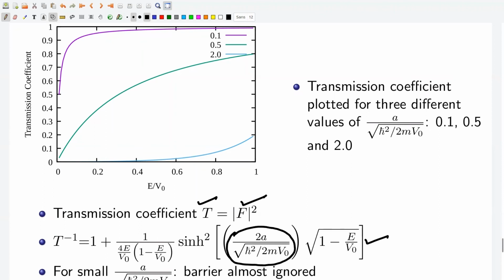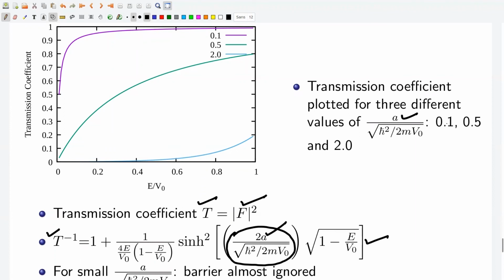Note that 2a is the width of the potential barrier. So that means the term in the denominator also must have some dimension of length. So now in this plot, we have plotted the transmission coefficient for various different values of this parameter.